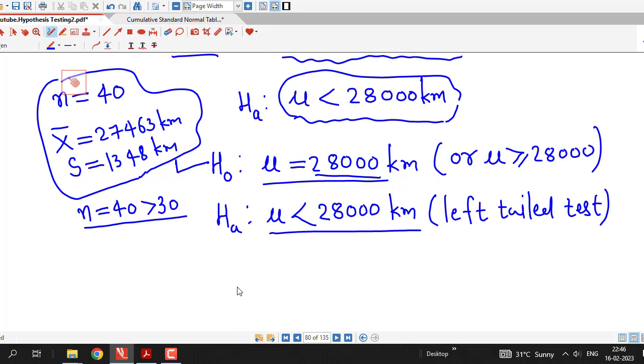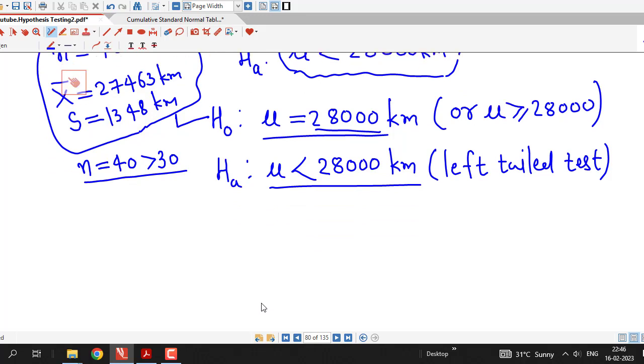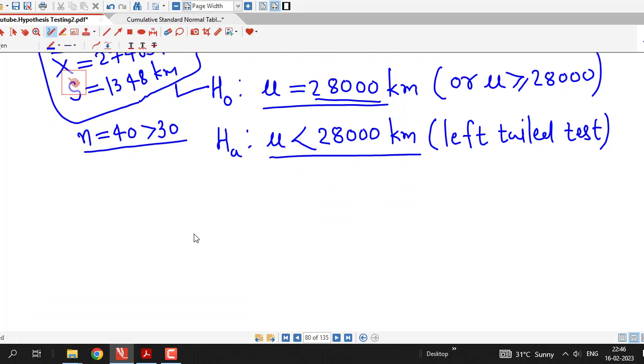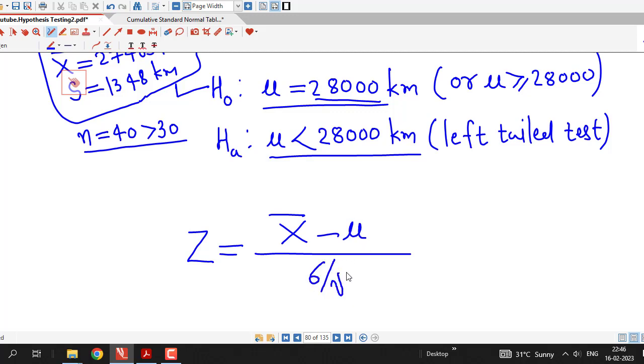And we know that if we have a large sample, the formula for test statistic is given by z equal to x bar minus mu divided by sigma over square root n, where sigma is the population standard deviation. But if sigma is unknown, we can replace this sigma by the sample standard deviation.